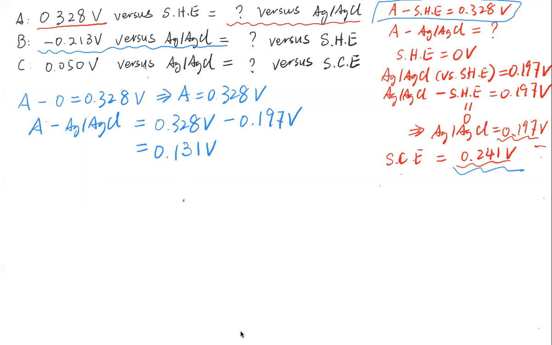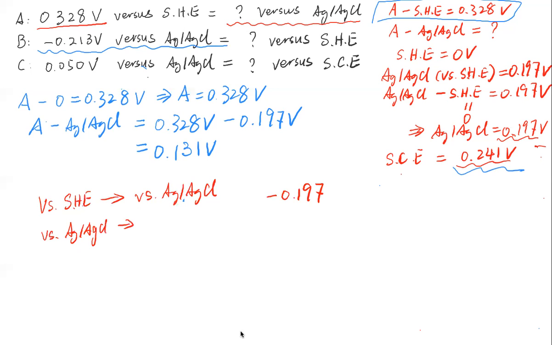If you want to convert any value versus SHE to any value versus silver chloride, you subtract 0.197. But if you convert a value versus silver chloride to versus SHE, you will add 0.197 to whatever the value you have.